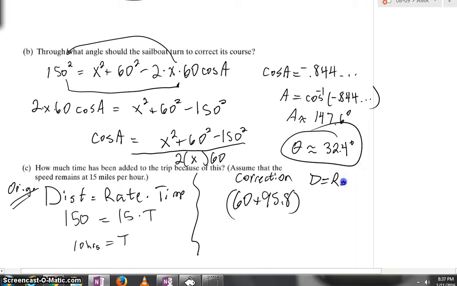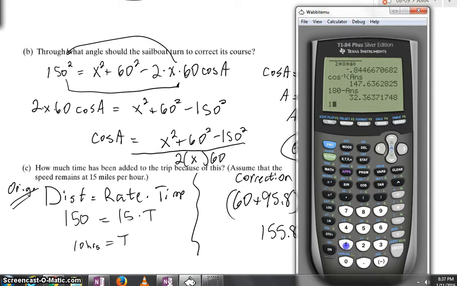Your rate is still 15. And that's 155.8. Hey, we can divide that on our calculator real quickly. 155.8 divided by 15. And you can see it's about 10.4 hours, roughly.